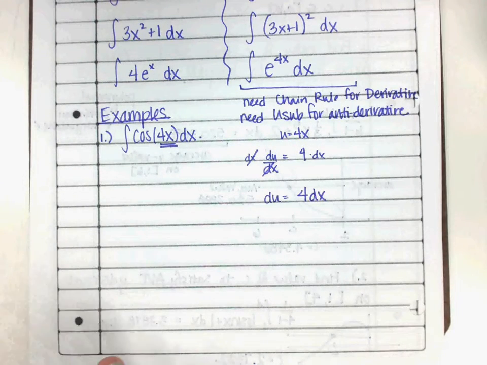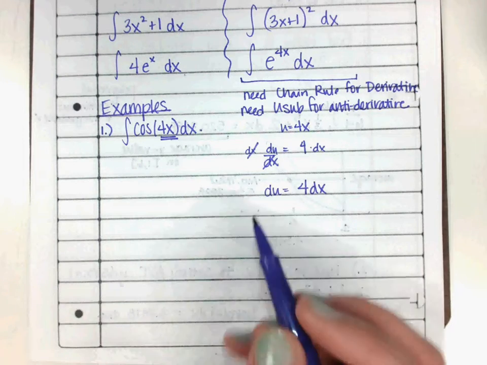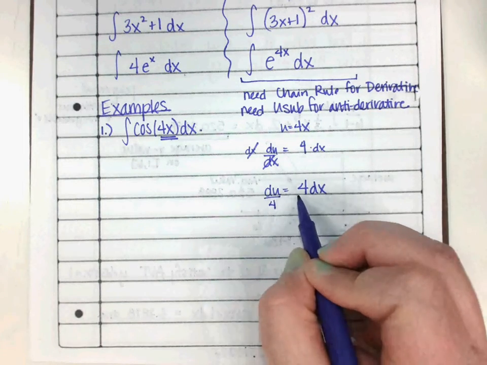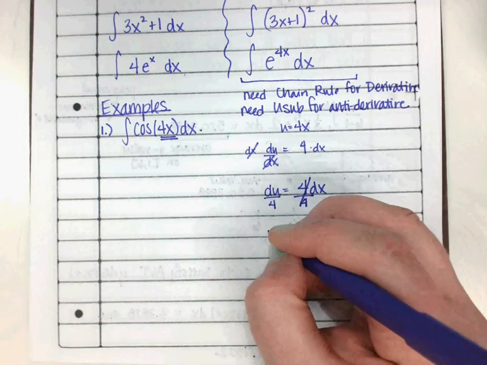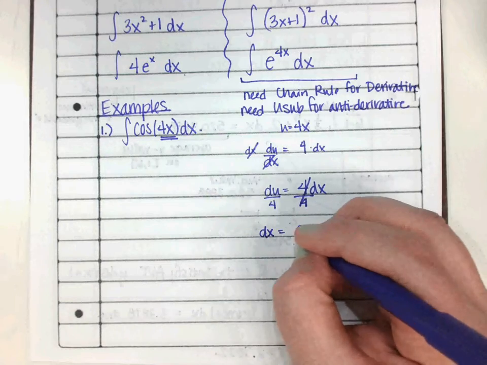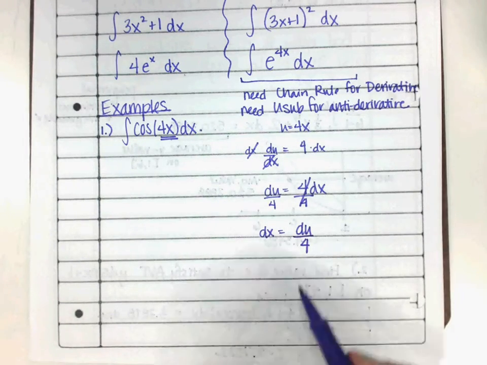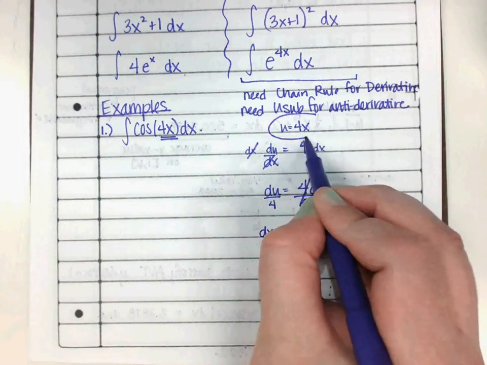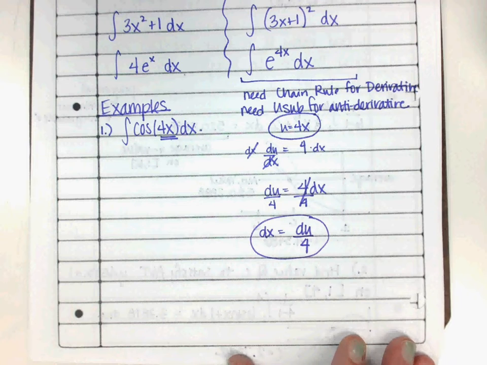My next step is going to be to get dx by itself, which requires me to divide by 4. Everybody good with that? So here's what I have now. dx equals du over 4. I want you to circle u equals 4x, dx equals du over 4.